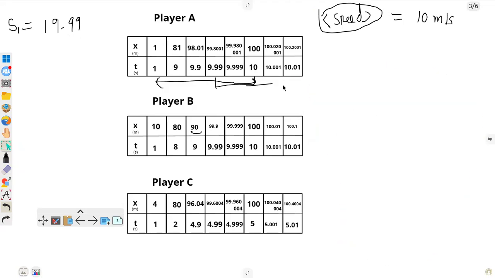Okay. So now let us take a smaller time interval. Guys, do the subtraction for me.